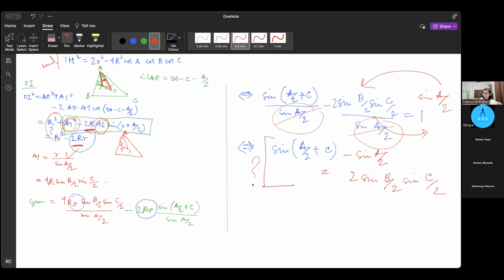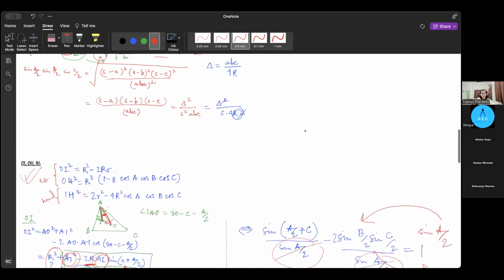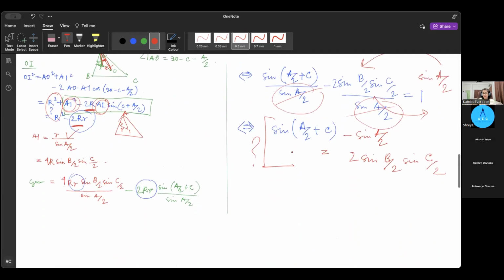And what is this? Isn't this obvious? Okay, apparently not. But I mean, we just did sum to product, right? So sine A minus sine B is what? 2 sine A plus B by 2 sine A minus B by 2. What is A plus B?